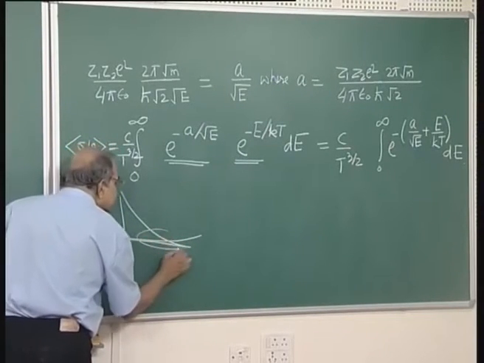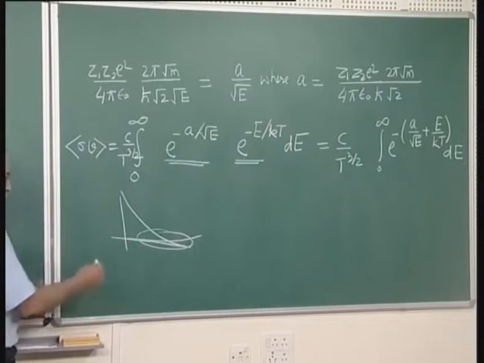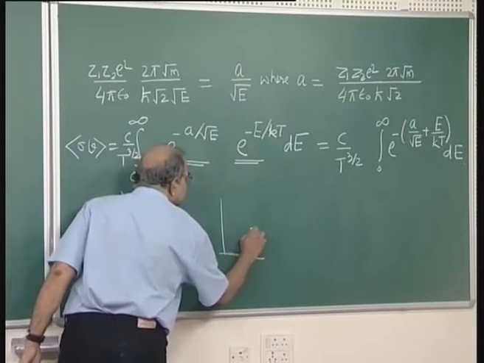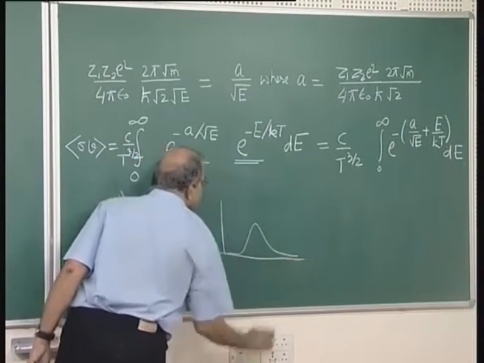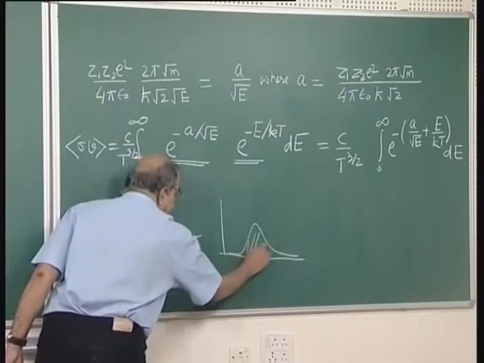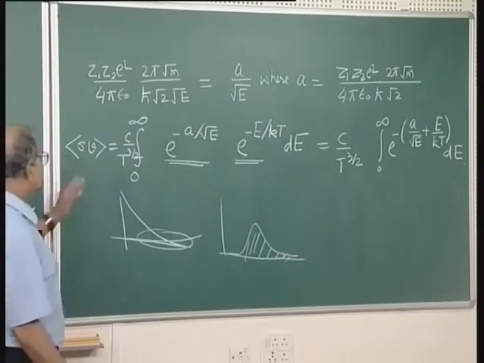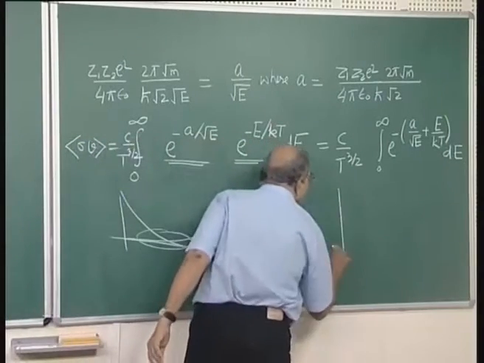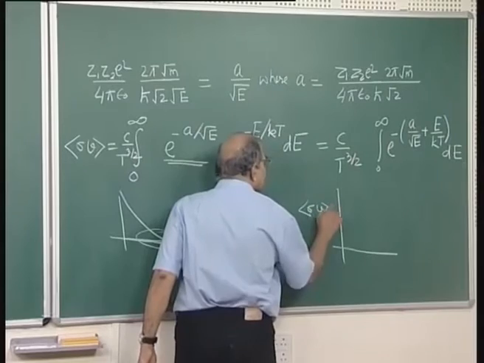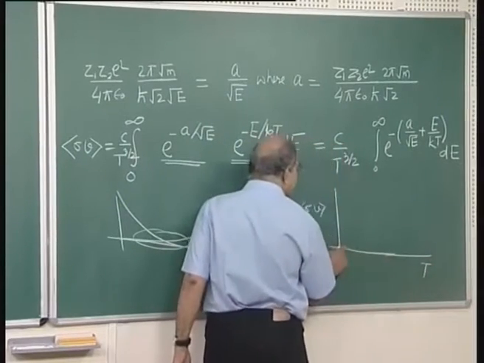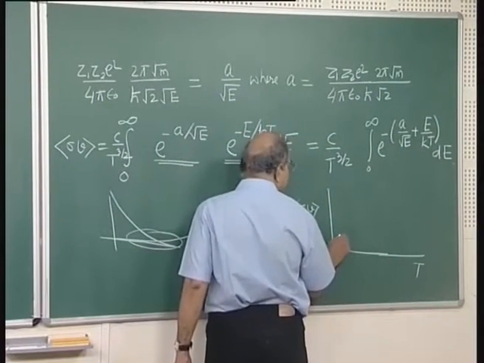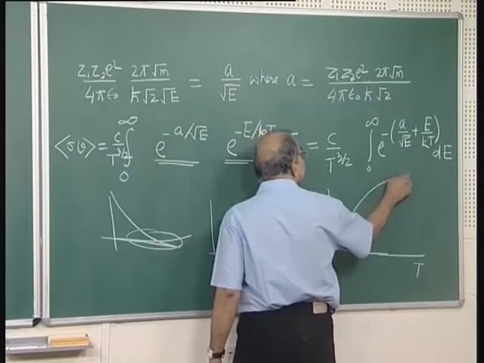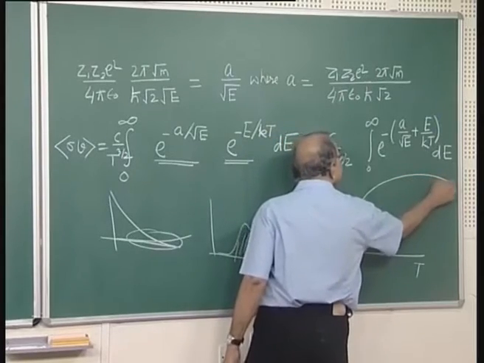So, it is this region which contributes, and the product goes through a maximum, and it is this area, this integration, that gives you sigma v, which depends on temperature. Initially sigma v increases with temperature, and then if you increase the temperature to very high values, it will start taking a downward trend.